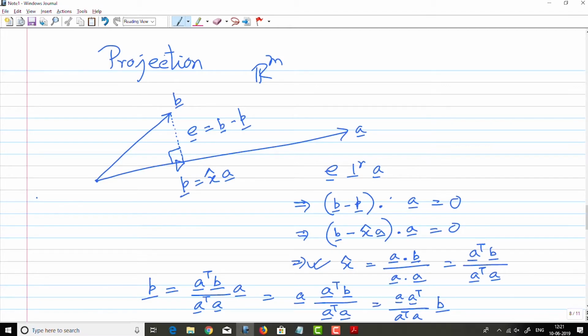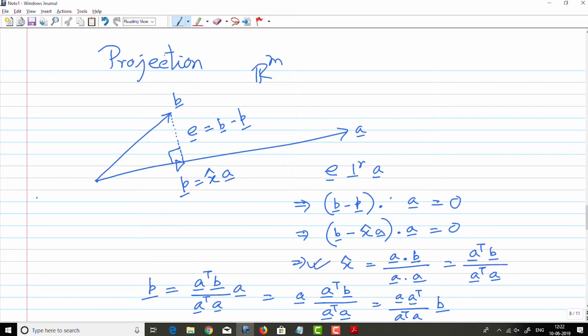A is a column vector of dimension m from Rm. A transpose is a row vector. Now if you multiply a column vector with a row vector, what will you get?